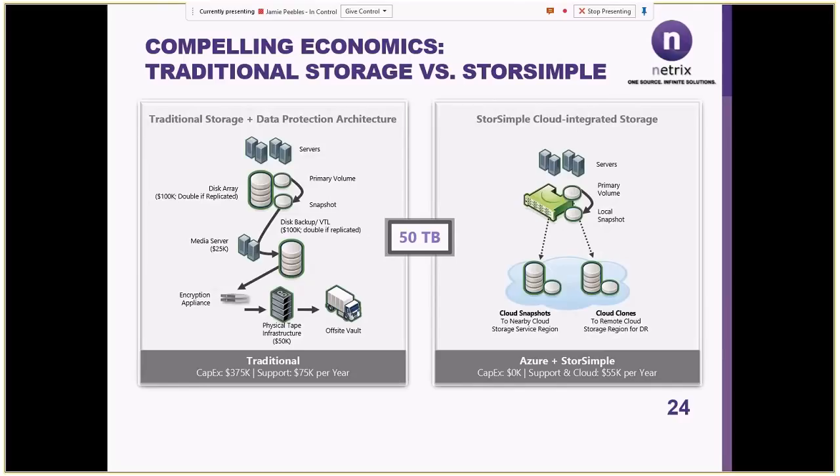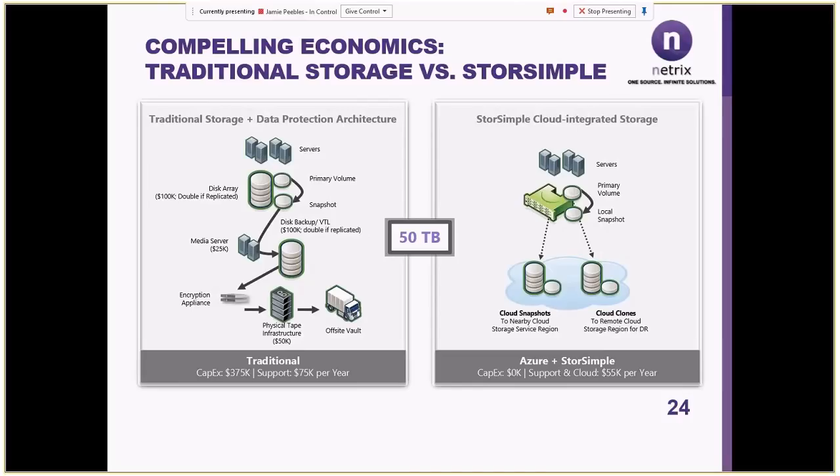If I have a traditional disk array for a 50 terabyte workload, I may spend $100,000 on that. And that disk array may be duplicated if it's replicated somewhere else, if I'm doing those snapshots elsewhere.